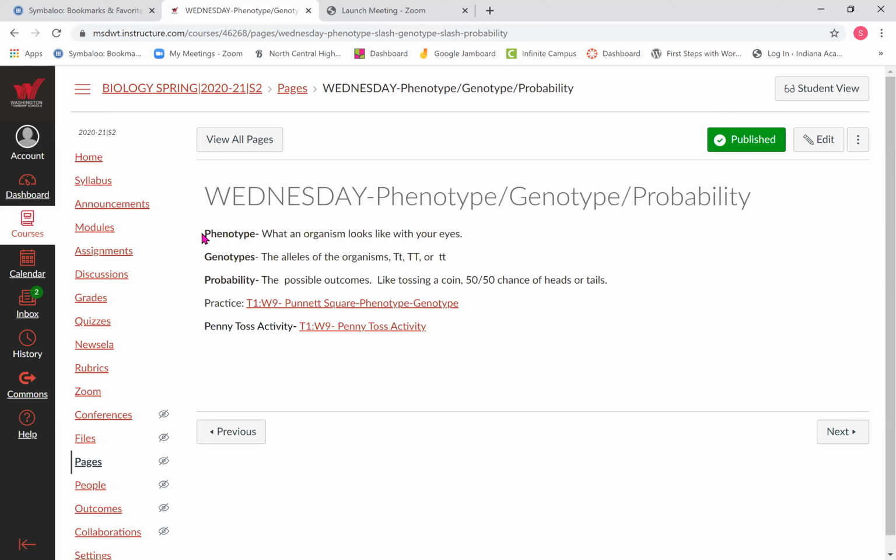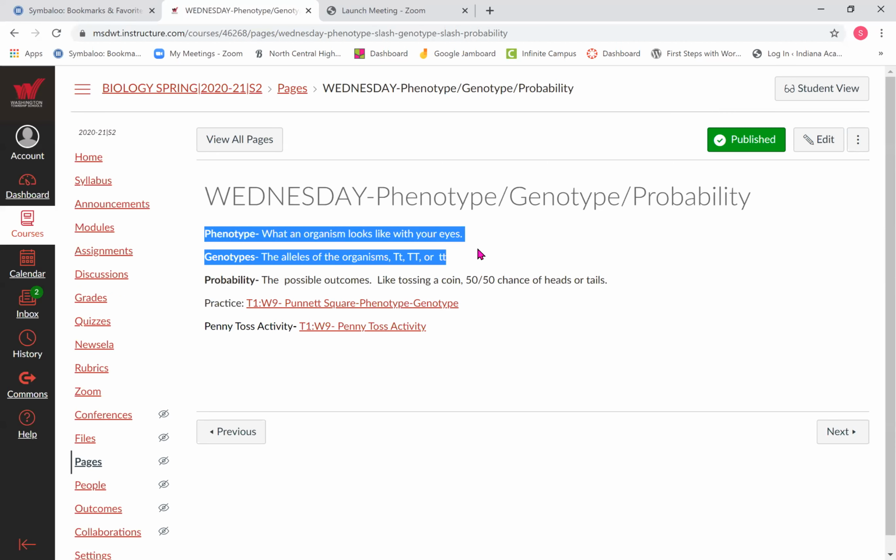So you need to know the difference between phenotype and genotype. Think of genes, your genetics. Whenever you say genotype, I'm talking about those letters, those alleles, the letters that are given as representation. Phenotype is what I see with my eyes. I'm seeing you that way, right?